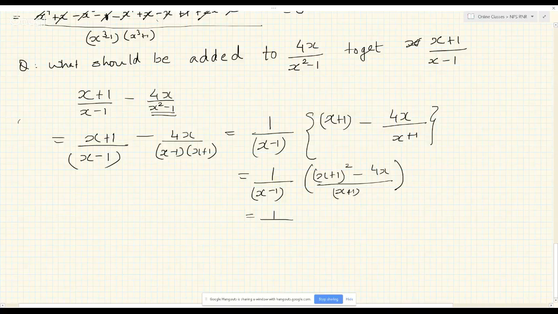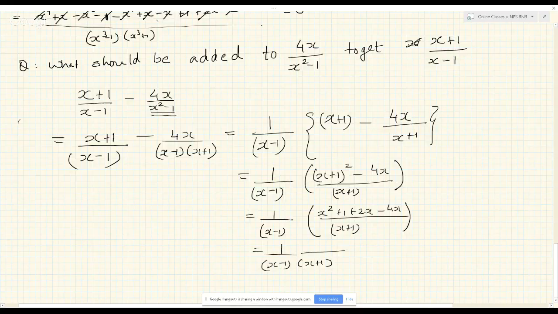Which is nothing but 1 upon x minus 1, and this is x square plus 1 plus 2x minus 4x upon x plus 1, which is nothing but 1 upon x minus 1, x plus 1 in the denominator, and here plus 2x minus 4x will get you x square plus 1 minus 2x, which can be written as x minus 1 whole square by x minus 1 x plus 1.